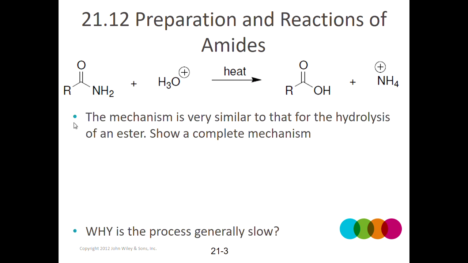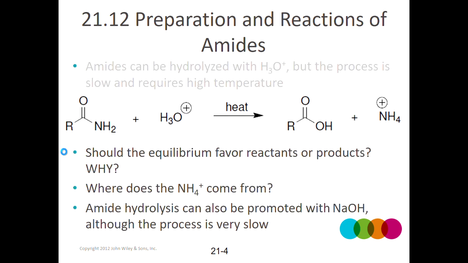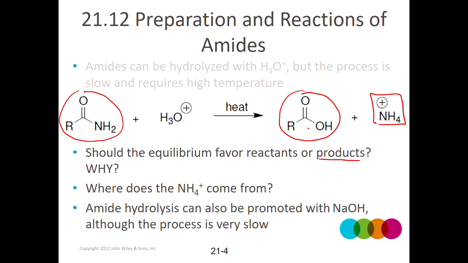We just showed that mechanism. So should the equilibrium favor reactants or products? Probably the products. Despite the product not being as stable as the reactant, the other product, as we said, with a positive charge is going to be significantly more stable.